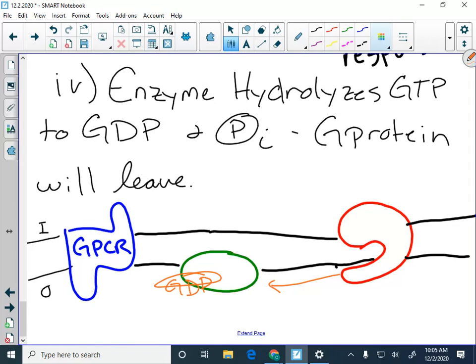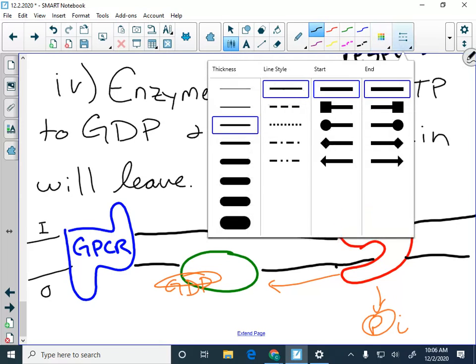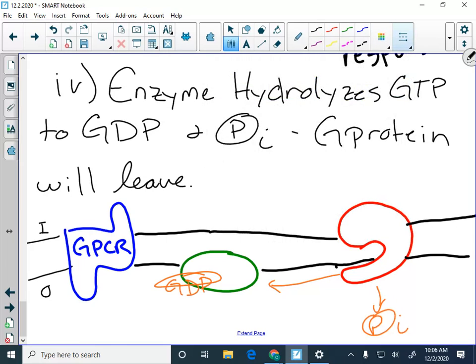So that will go that way, and we will get a phosphate group. In this image, everything is inactive. It's essentially the same picture that we drew in the first step, except we've got that new addition of that phosphate group coming off of it.